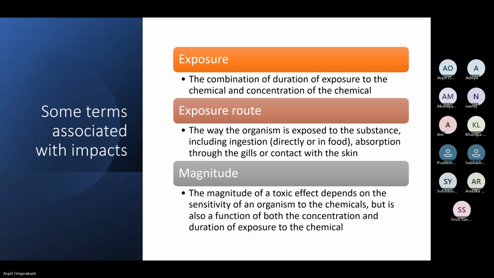Right. And magnitude. So the magnitude of a toxic effect basically depends on the sensitivity of an organism to chemicals. But it is also a function of both concentration and duration of exposure to the chemical. So magnitude is basically what toxic effect is seen in an organism. So what's the value of that?